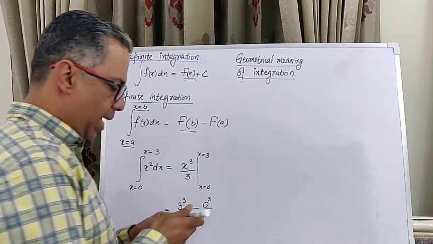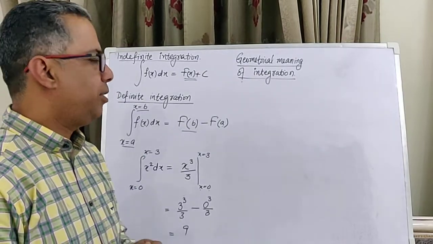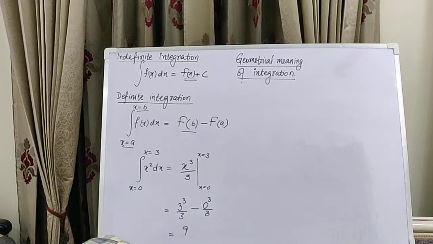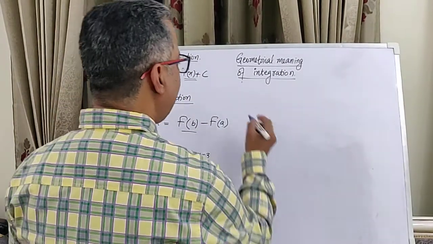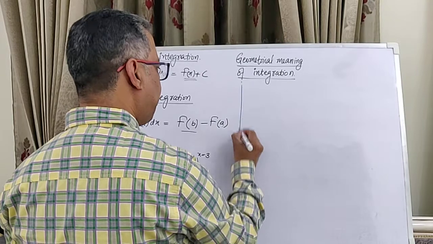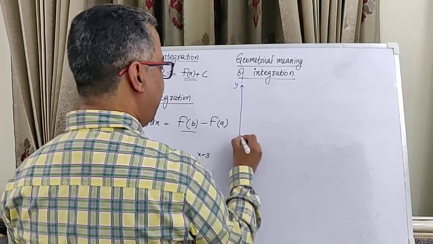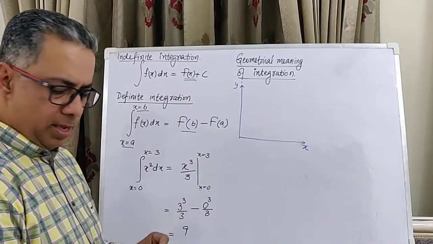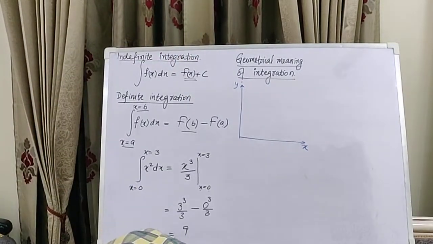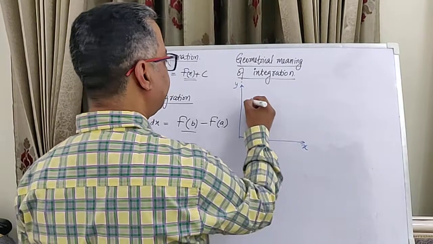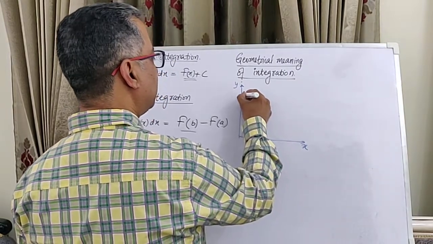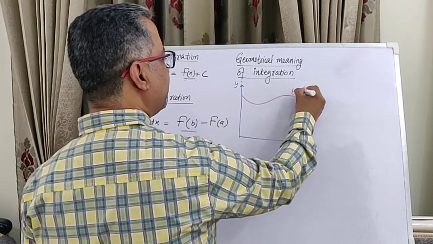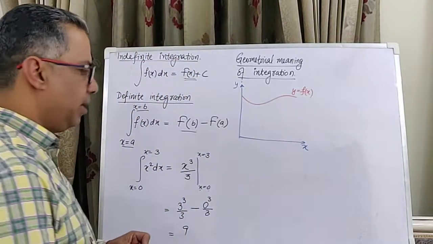Now, as in differentiation, the geometrical meaning comes from graphs of functions. So let's say we have, this is the y-axis, x-axis, and we draw a graph of a function. Now this is a graph of y equals fx, that's our function.